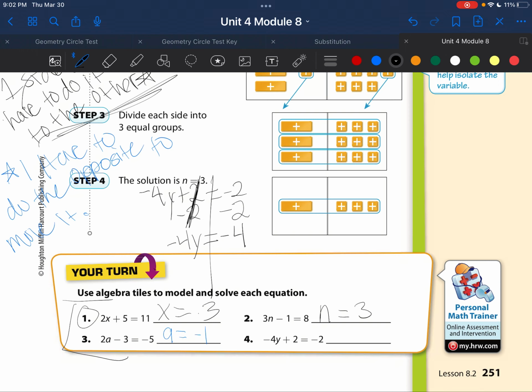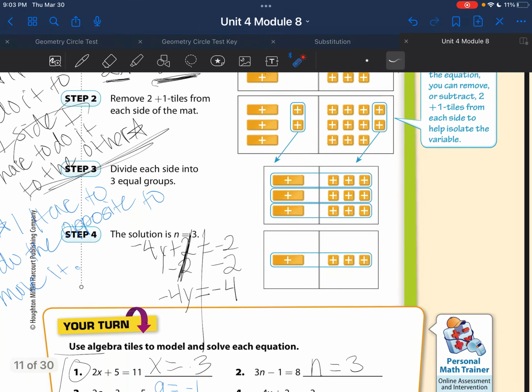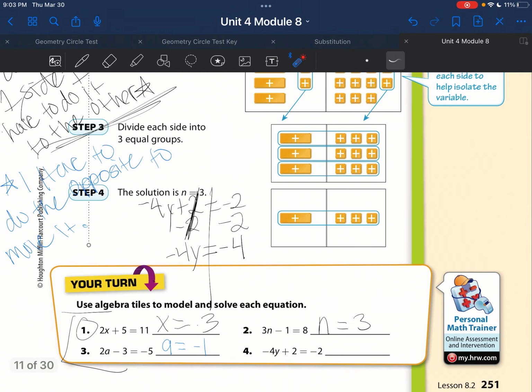Okay, so now I have my variable that is stuck with my negative 4. How do I get rid of that? Go back up to your note. We know that when they're squished together like that, that means they're multiplying. And in order to move it, I have to do the opposite.